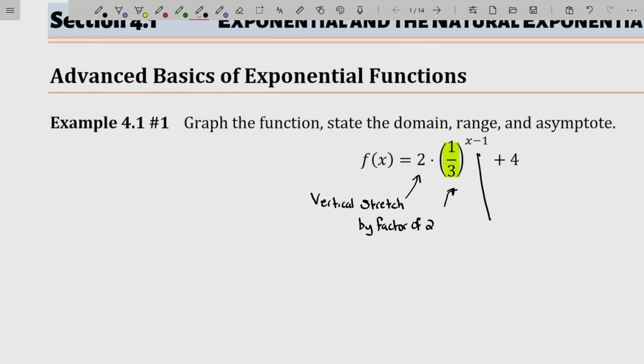You will also shift right by 1 unit, and then shift up by 4 units.